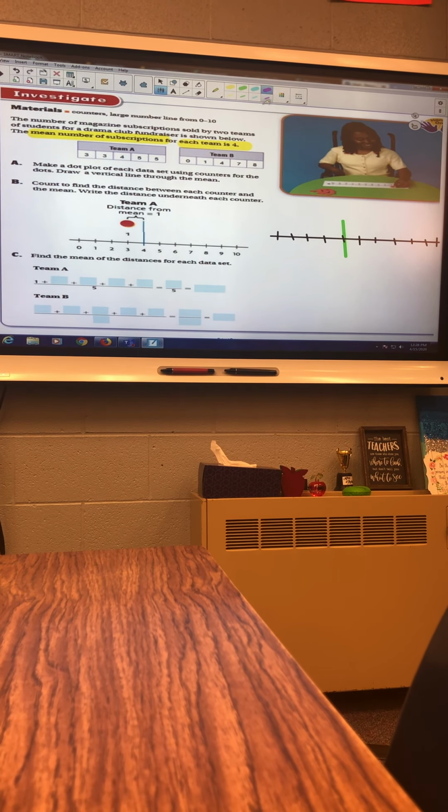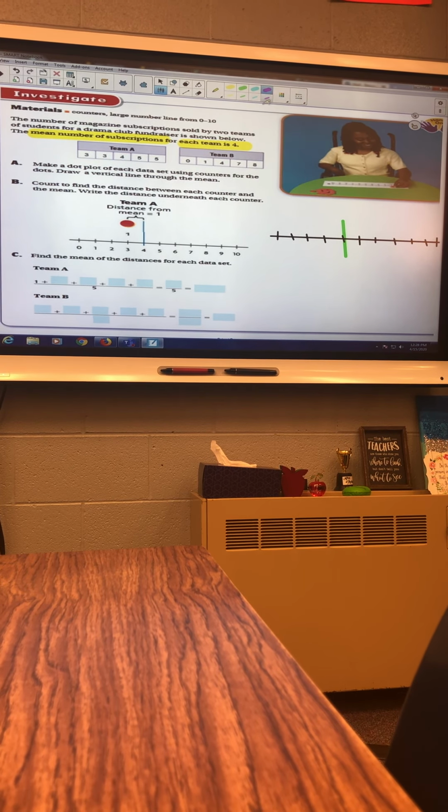Let's do the same thing for team B. I'm just going to mark these numbers so I can see a little bit easier. So I have from 0 to 4. How many spaces is it from 1 to 4? Well, it's 3. How many spaces from 4 to 4? 0.